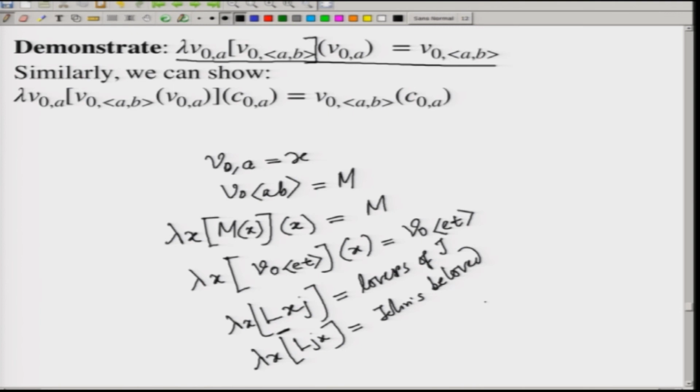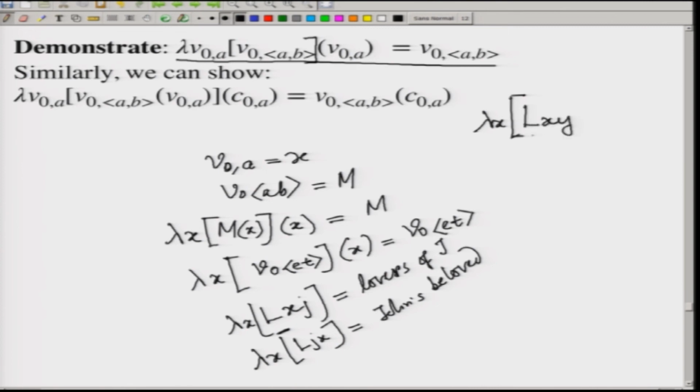And it also covers this one type and a higher type. So when v 0 a, let this be once again lambda x, and then let this be v 0 a to b, so for example, L x y.